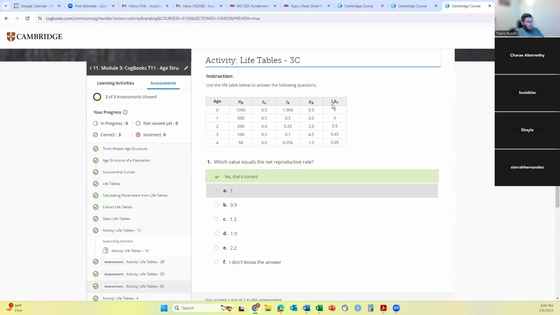And they give us that column, LXBX, all the individual values, but they don't give us the sum. So this is where we need to use the information in the table to calculate a value. So we do 0 plus 0 plus 0.5 plus 0.45 plus 0.05, and that equals 1. So we have the information we need, but we've got to do a little bit of math to get a missing value.